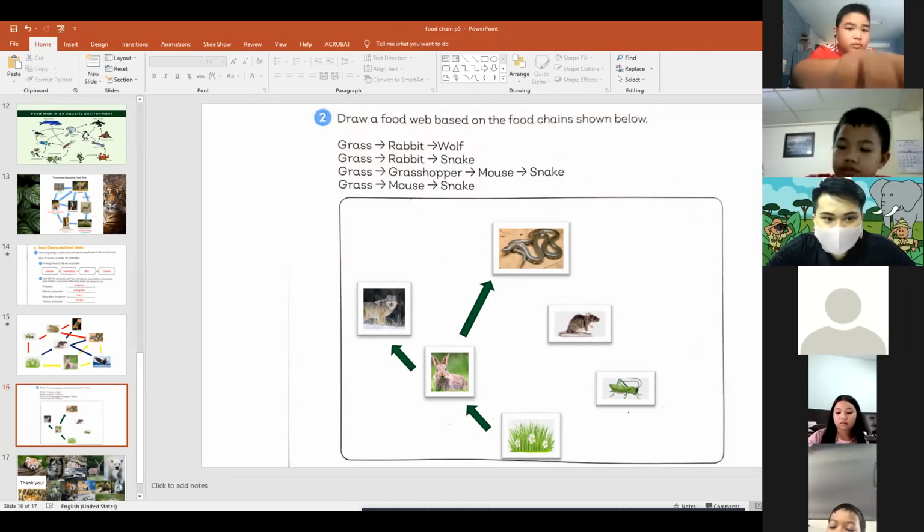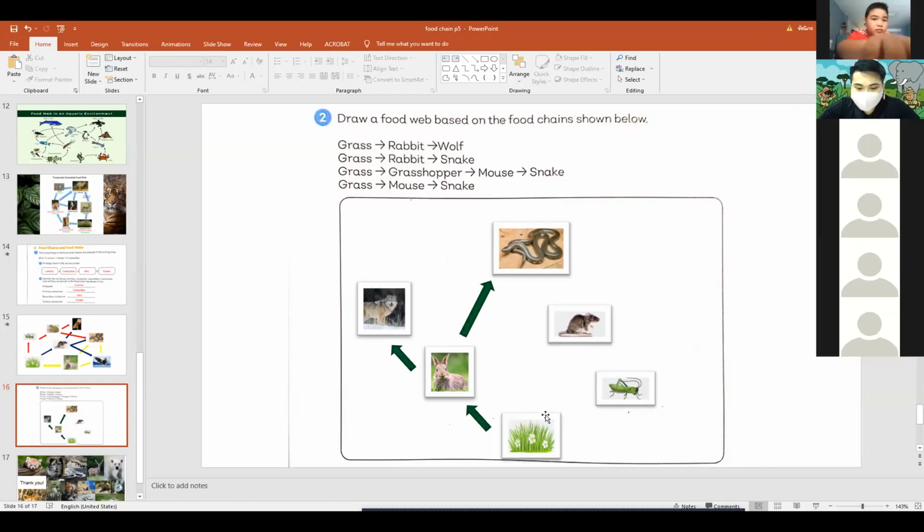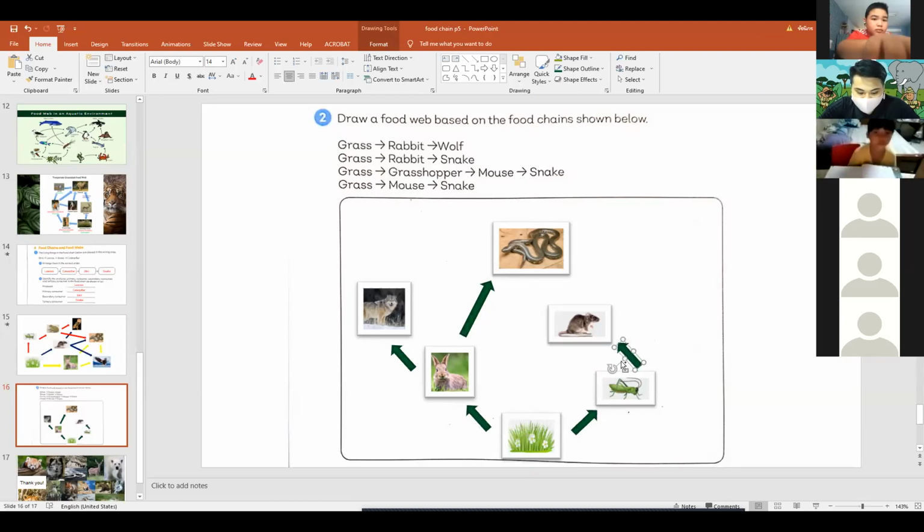No. Grass, grasshopper, mouse, and snake.